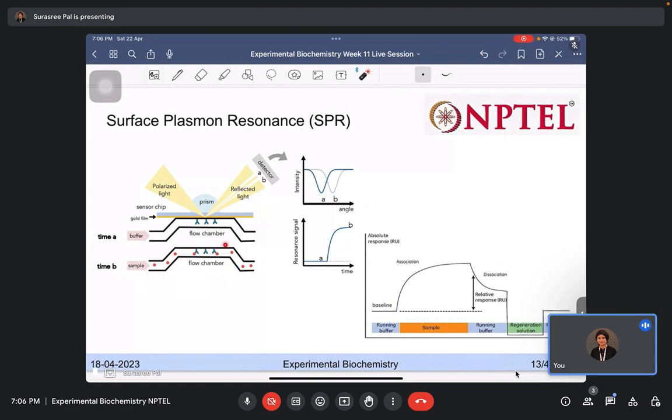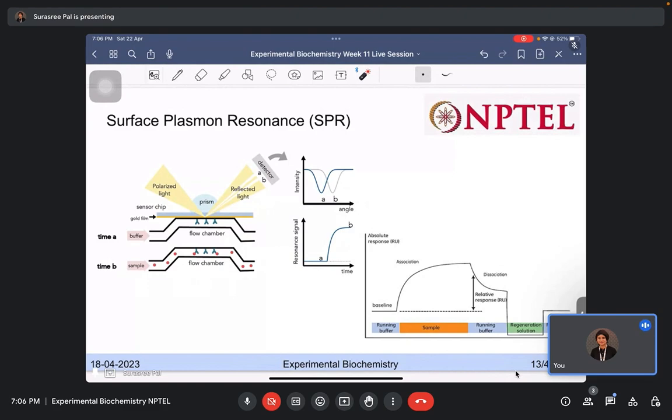There will be a change in the angle for total internal reflection to occur, due to the change in the refractive index of the medium. The refractive index changes because of the binding of the protein with the ligand, which is why there is a change in the angle of the total internal reflection.